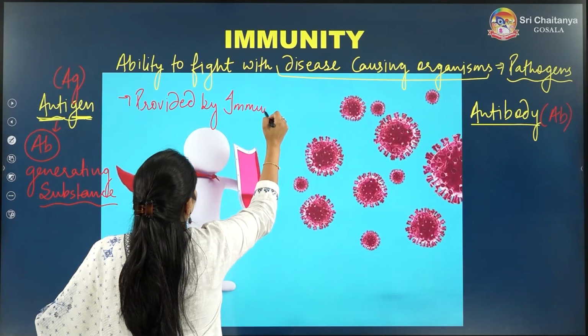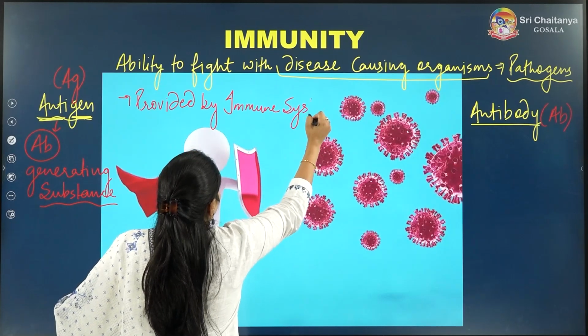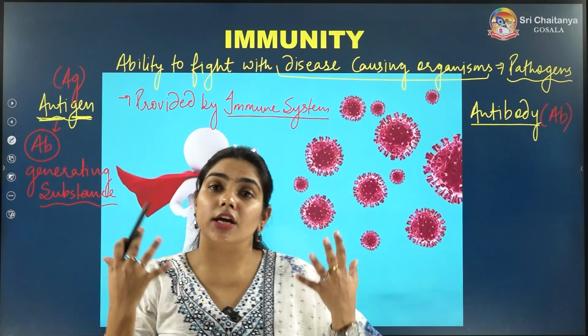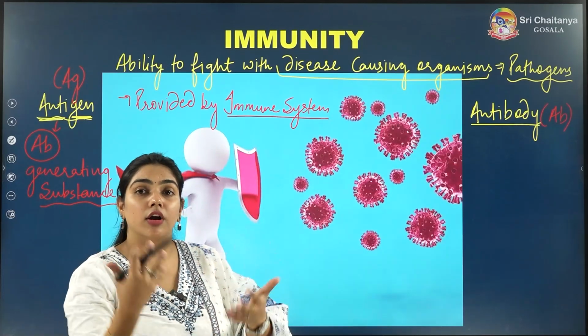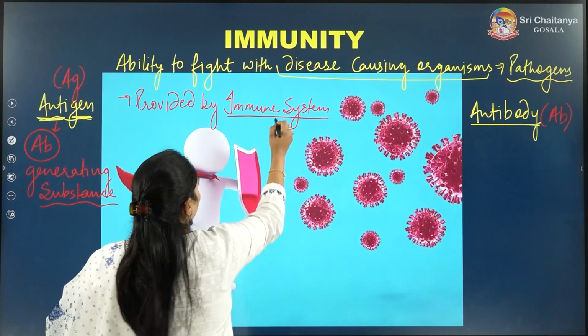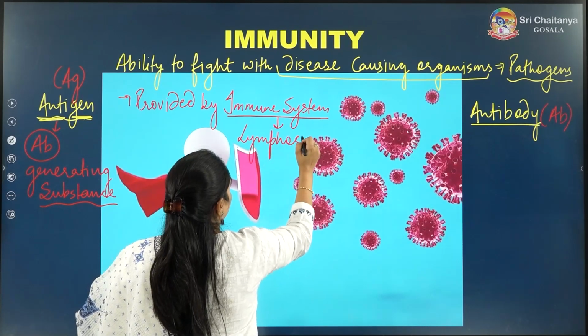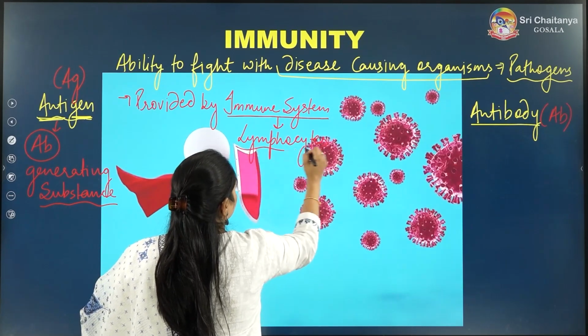In the immune system, just like in every system, there are some organs and cells. Those cells are lymphocytes.